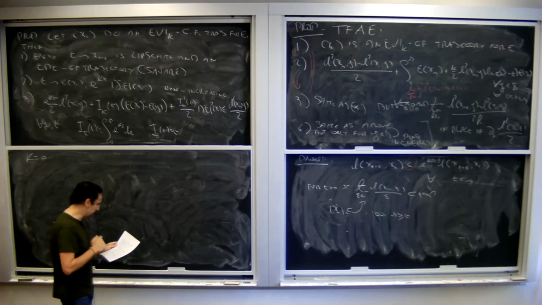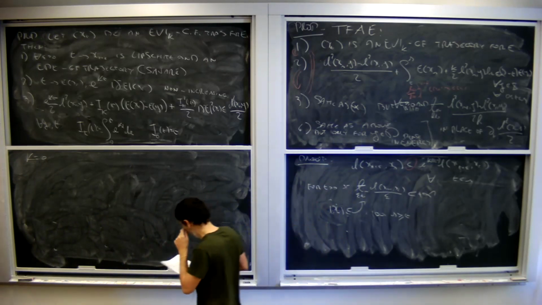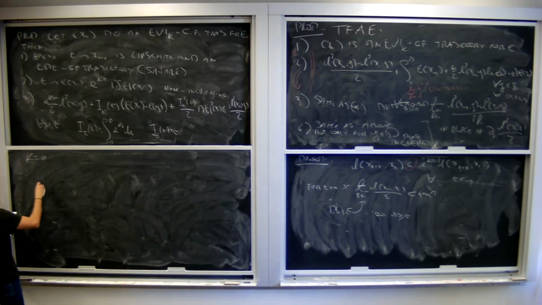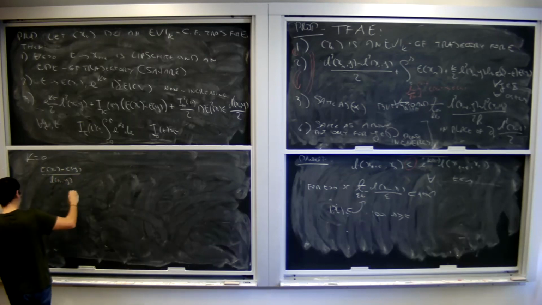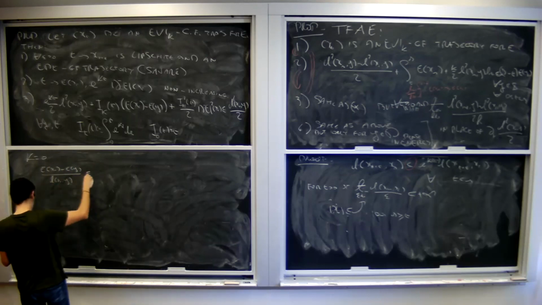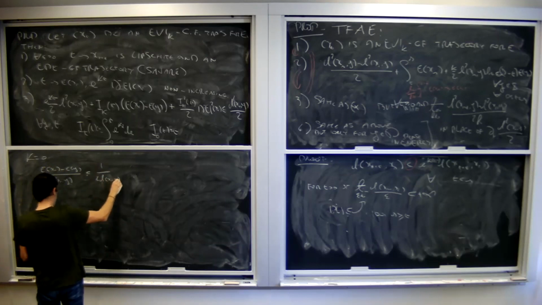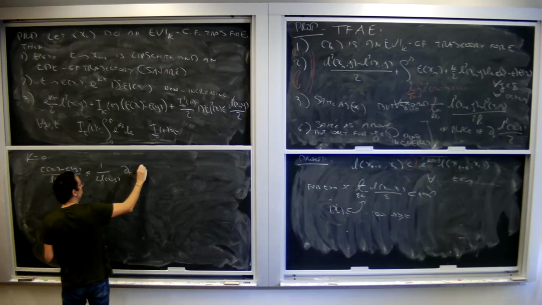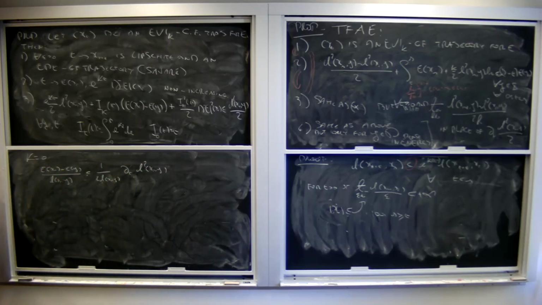Now, first of all, notice that if I rearrange the terms in the formulation of EVI, what I get is that the energy of x_t minus the energy of y, divided by the distance between x_t and y, if k is equal to 0, is less or equal than 1 over twice the distance between x_t and y times d/dt of distance squared(x_t, y), for every y and almost every t.